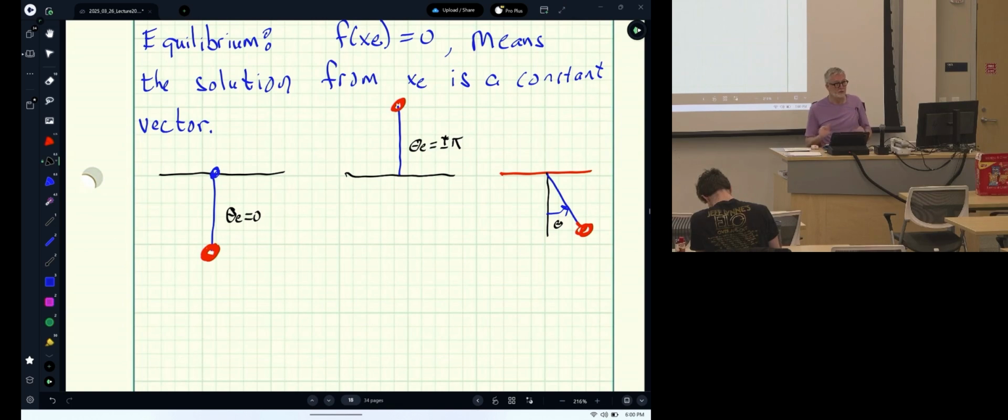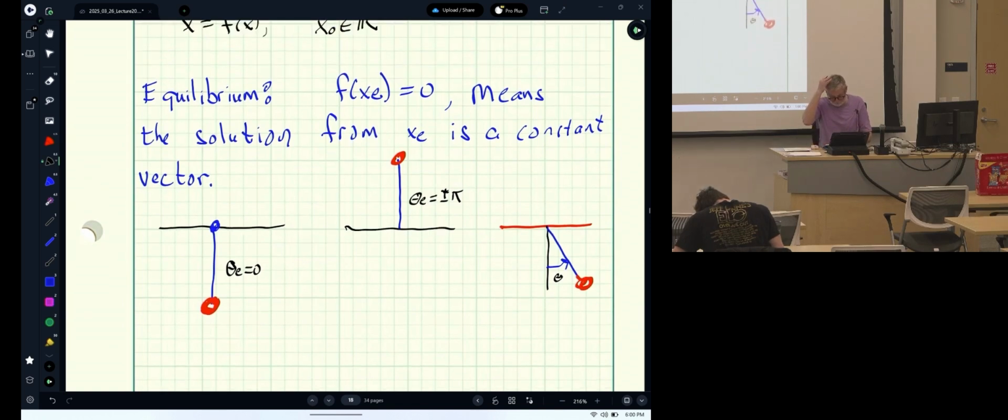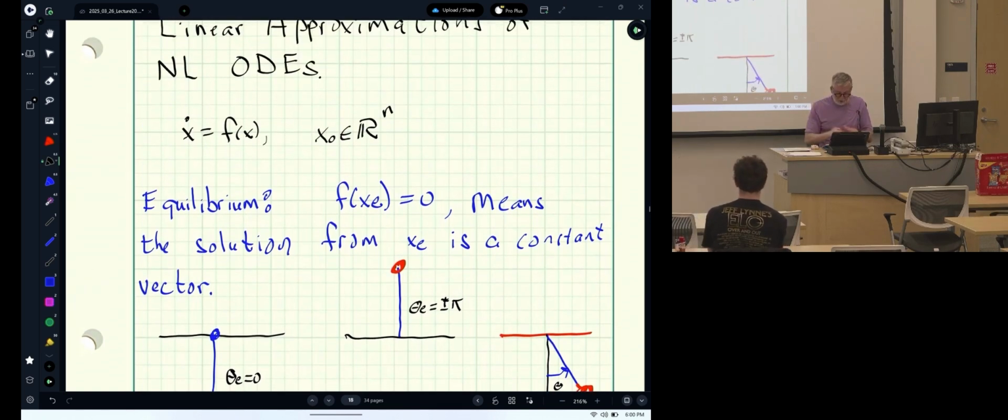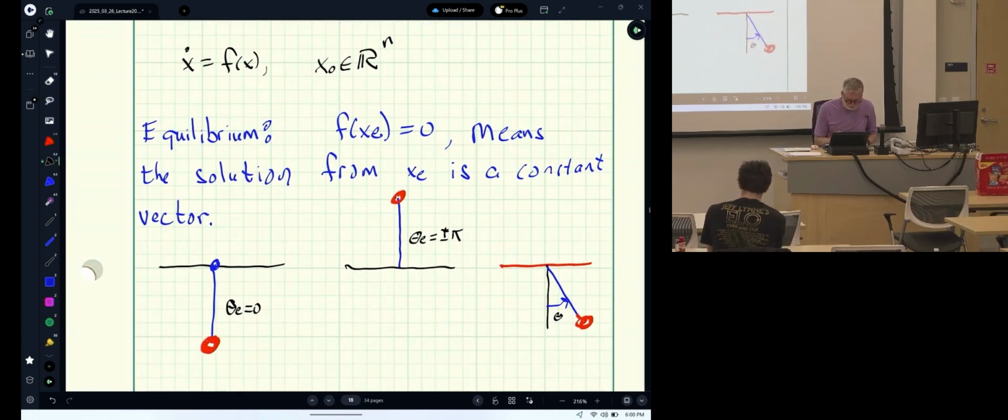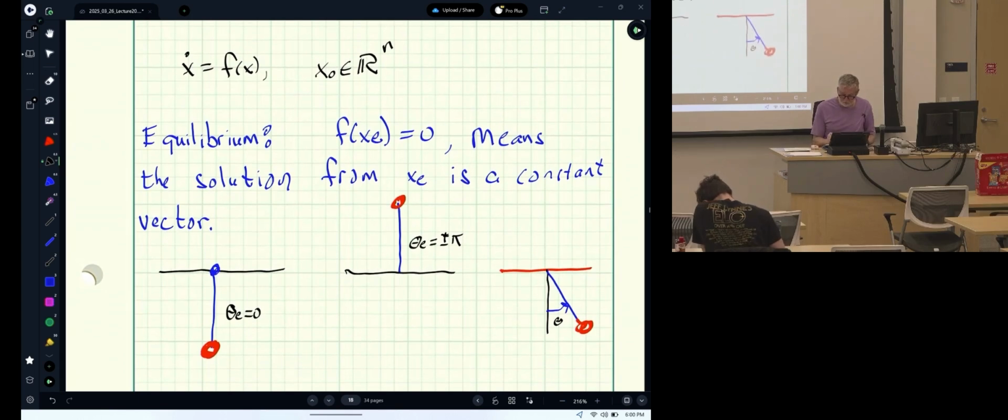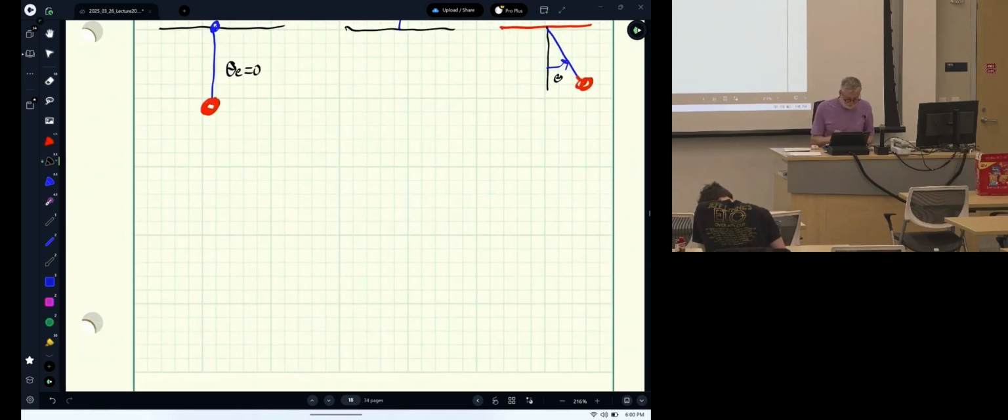So you recognize that as being an equilibrium of a pendulum. So roots of the right-hand side of a differential equation are called equilibria. So you just solve f of x equals 0. Those are called equilibria.